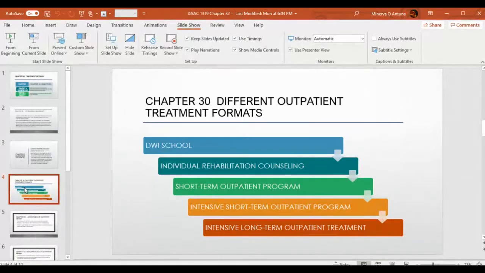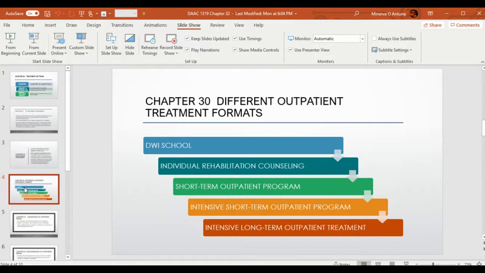In short-term outpatient program, that may be where you go to groups, you may be going to see a therapist, you may be going for some drug treatment. And the next step would be intensive short-term outpatient program. That means you're probably going all day, every day, and you're going to meetings every day.